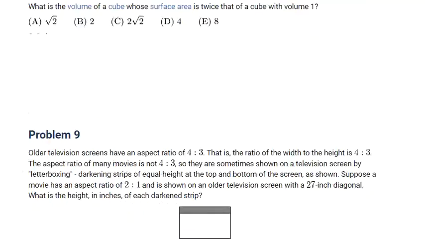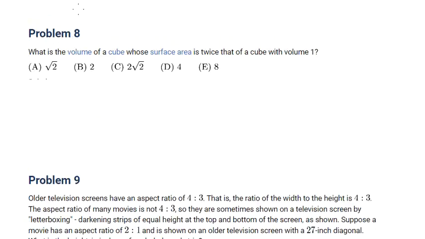So D. What's the volume of a cube whose surface area is twice that of a cube with volume 1? If the surface area is double, then the side length is scaled by √2.